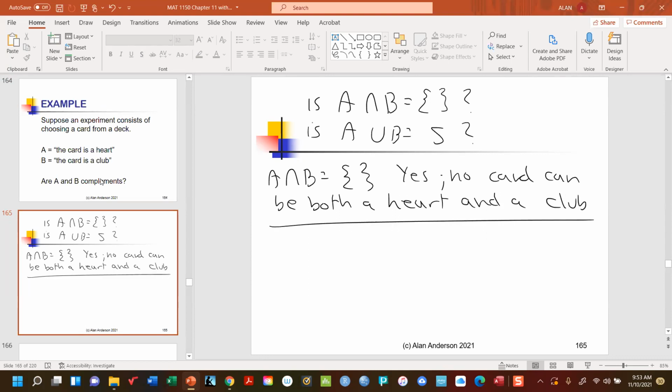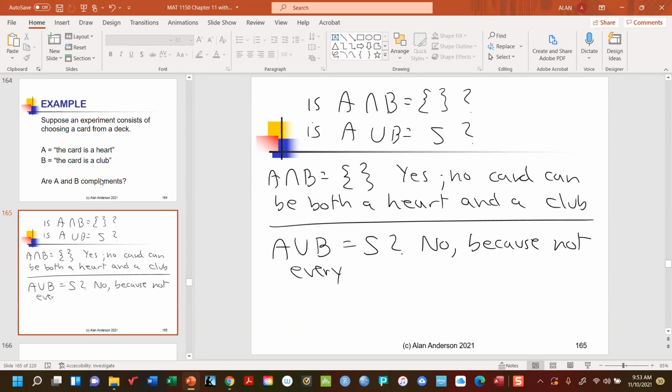But what about the second one? No, because not every card is either a heart or a club. In other words, we're leaving out the spades and the diamonds.